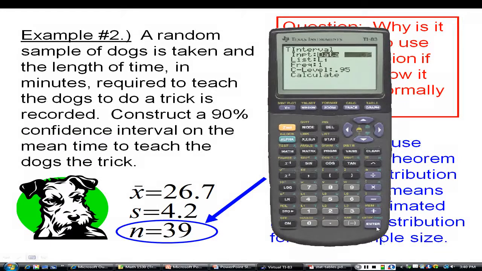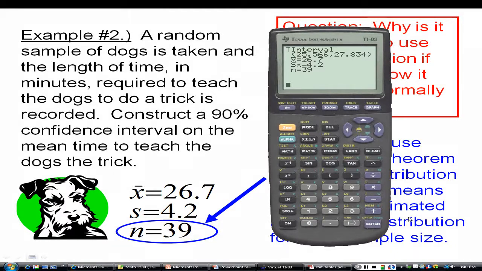Choose Stats because you're using information that's already been given to you. Your mean is going to be 26.7. Your standard deviation is 4.2. Your n is 39. And your C level is going to be 0.90. You calculate, and you get your answer.